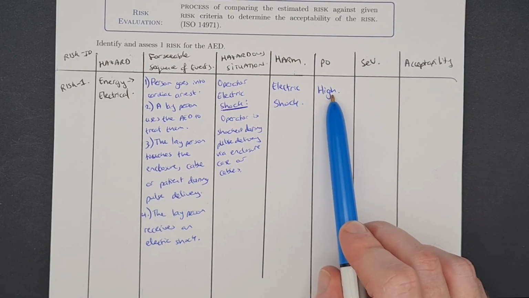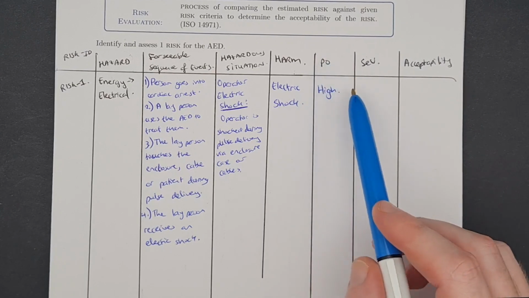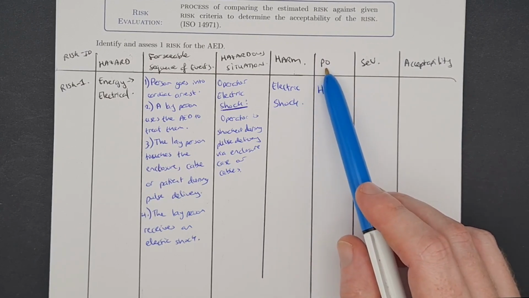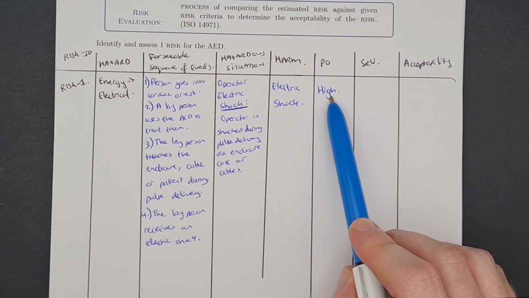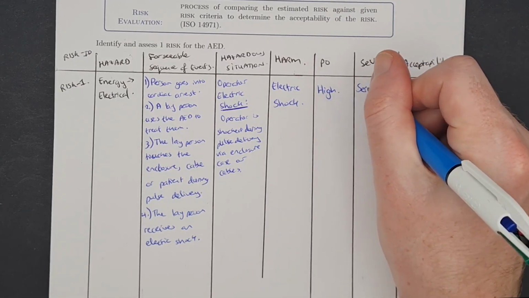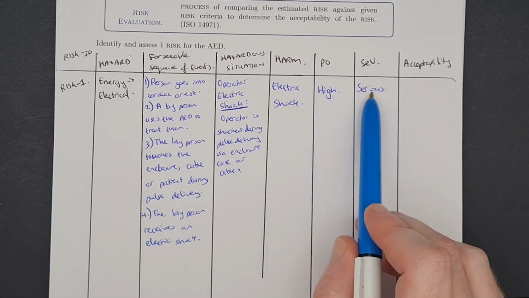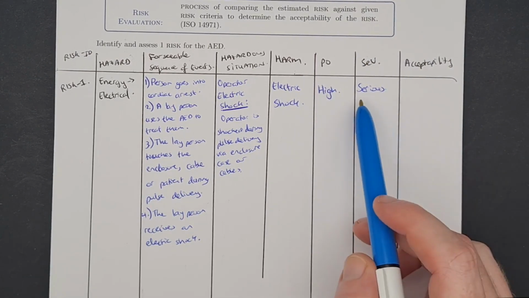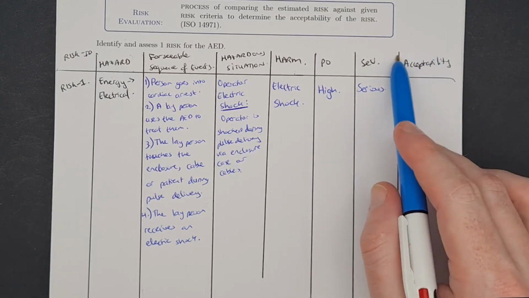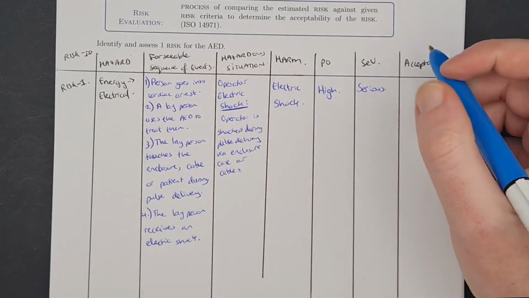When you don't have data to back up the actual probability, you basically overestimate it to be much more likely, so we say high. And when it comes to severity, we'll say it's serious. In the next few lessons we'll break down why we've used these terms. And the last piece of the puzzle: is this acceptable or not? That's the risk evaluation. So we'll say not acceptable.